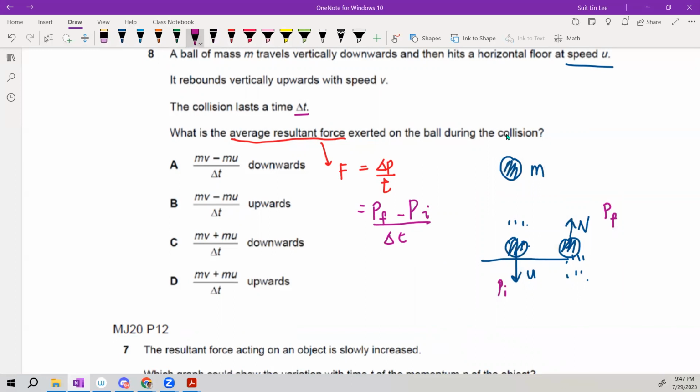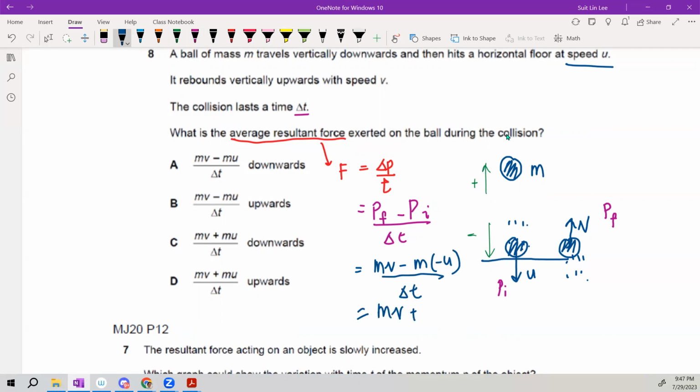So this means if I want to find the change in momentum, I'll look at my final momentum, and I do need to decide which direction is positive and which direction is negative. The easiest is to just take up as positive and down as negative. So this would be mv minus m negative u, over delta t.